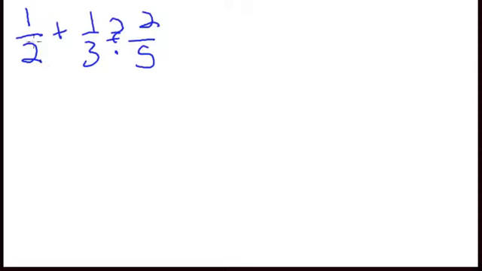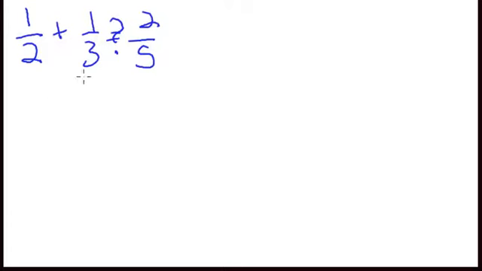Okay, so what we have to do is find a common denominator. Now remember that a common denominator is also a common multiple. That's exactly what the common denominator is. It's a common multiple. That means a number that 2 goes into and 3 goes into, and have that be the smallest number that could have, because 2 could go into, let's see, what could 2 go into? 36. 3 could also go into 36.